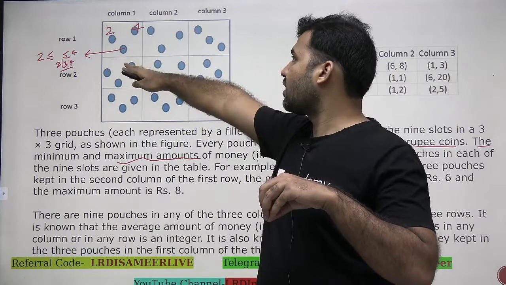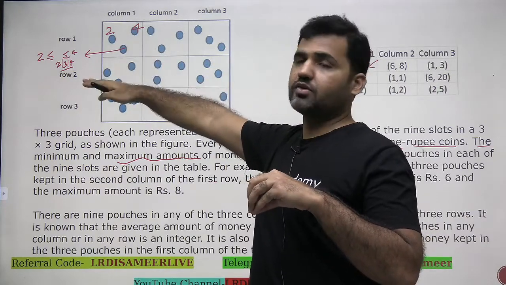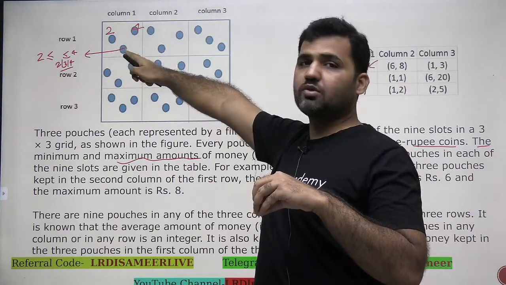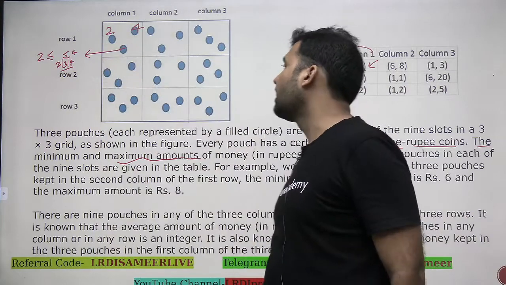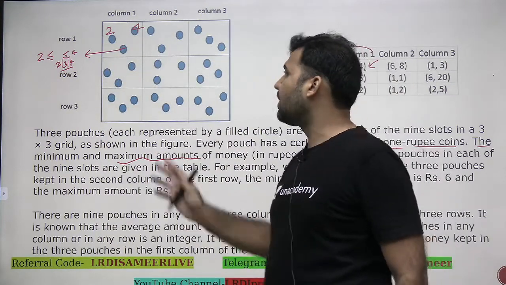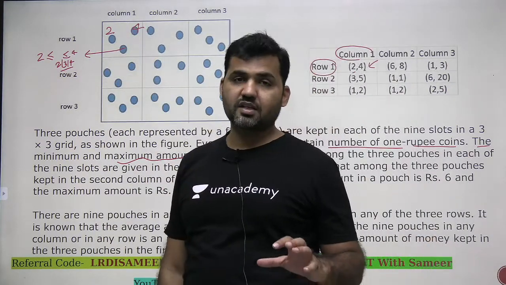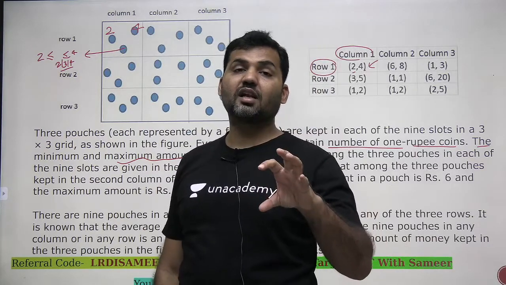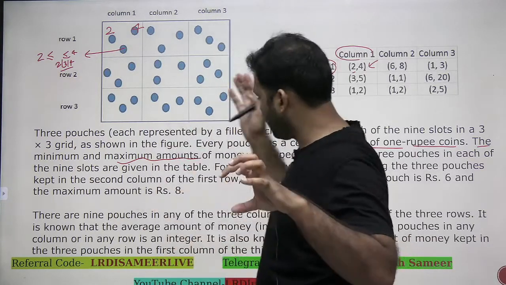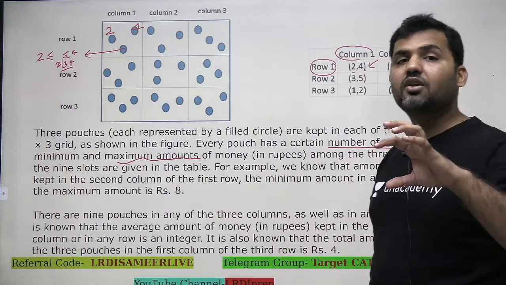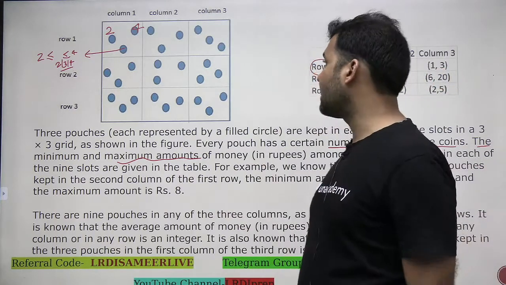So this cannot go more than 4, cannot go below 2. So it has to be between 2 and 4, including 2 and 4 itself, because nowhere is it mentioned that the pouches cannot have the same number of coins. 2 pouches in a particular cell can also have the same number of coins, because no such information is given that 2 pouches cannot contain the same number of coins.